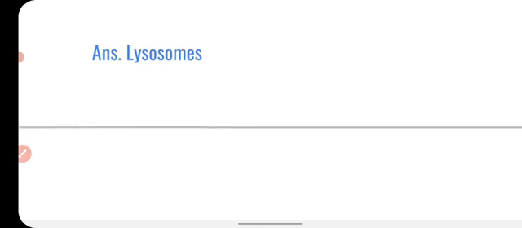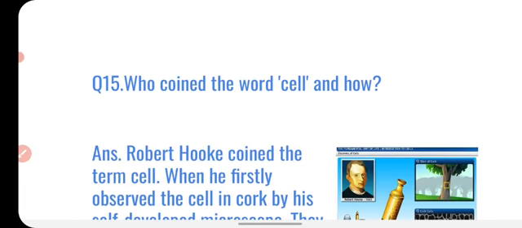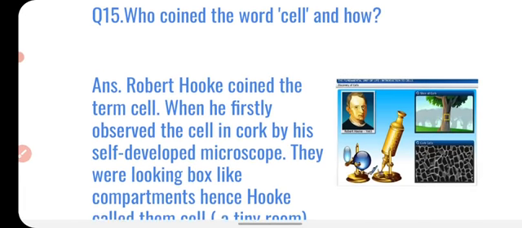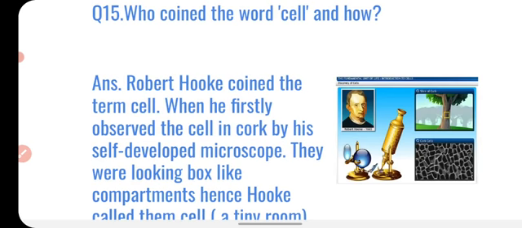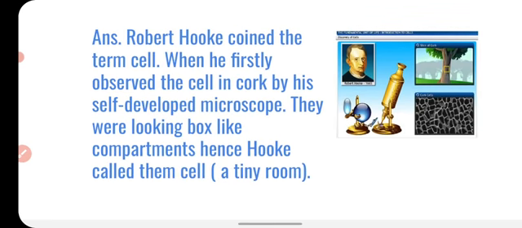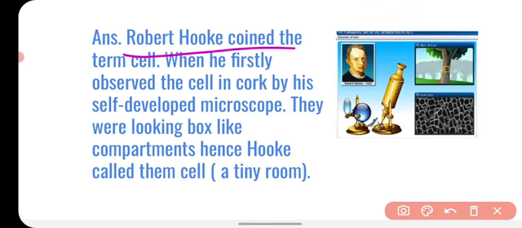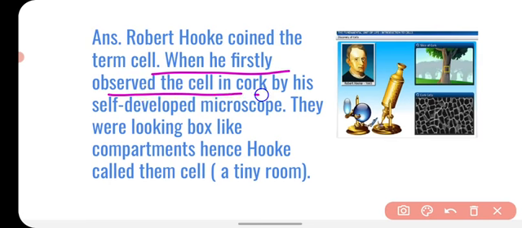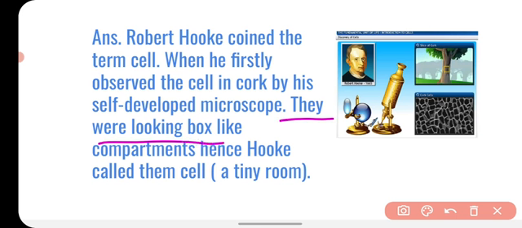Next question is, who coined the word cell and how? So you know that Robert Hooke was the scientist who coined the term cell. When he first observed the cells in cork with his self-developed microscope, these cells looked like box-like compartments, hence Hooke called them cells, a tiny room.